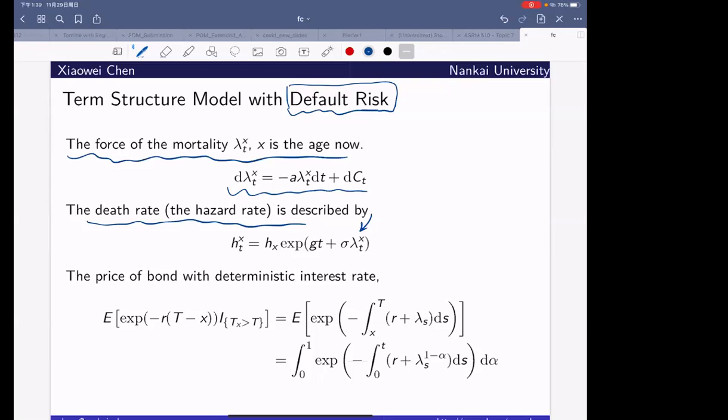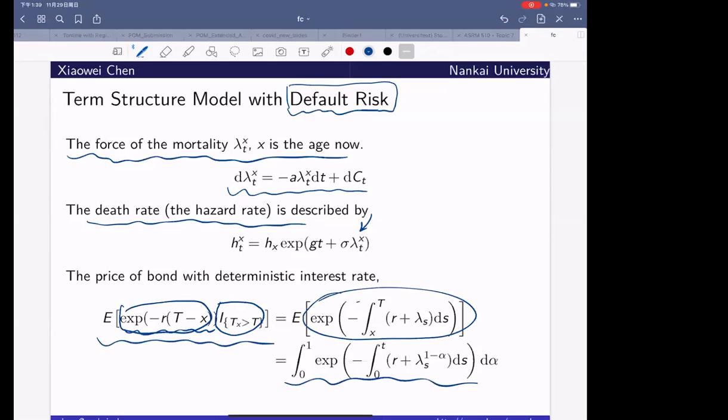You can find we put it here, and we get the pricing formula. This is the bond price without default risk, and this part is the default risk, and we put them together and get the pricing formula. And we also use the alpha path solution. Because these two processes are independent, it is very easy to get the solution of this pricing formula.